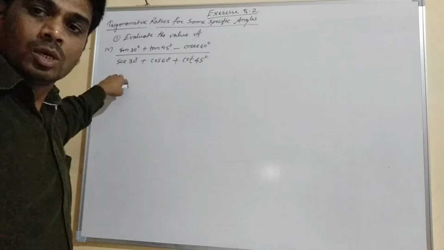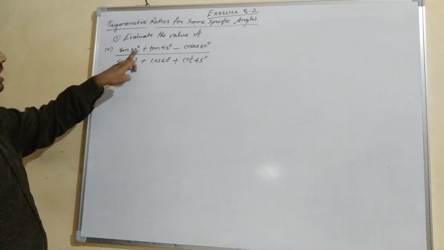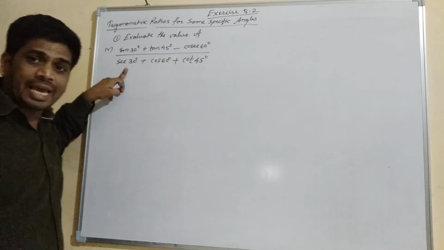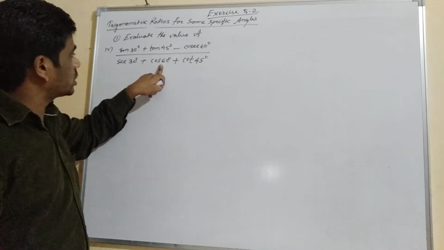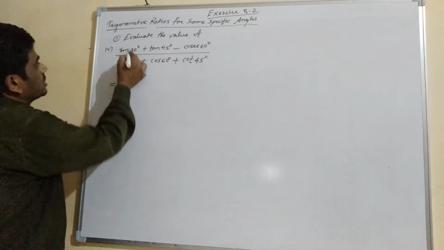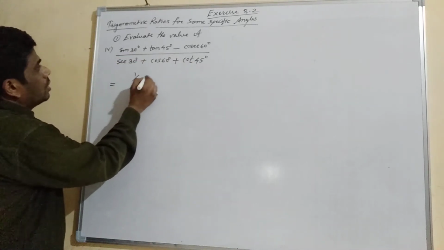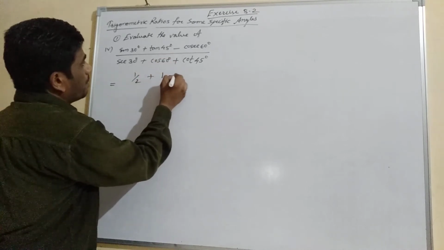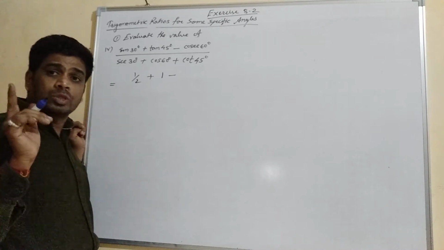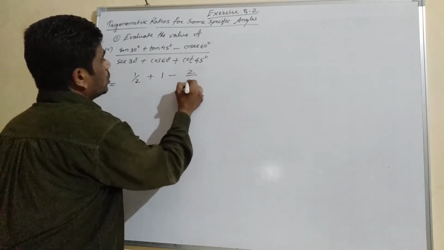Okay, let's see the next. Here sin 30 plus tan 45 minus cosec 60 upon sec 30 plus cos 60 plus cot 45 is given. So you can substitute your values. Sin 30 is 1 upon 2 plus tan 45 is 1 minus cosec, the inverse of sin, and sin 60 is root 3 upon 2, so it will be 2 upon root 3.